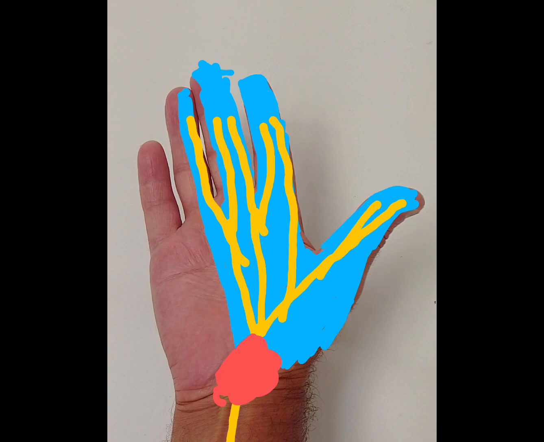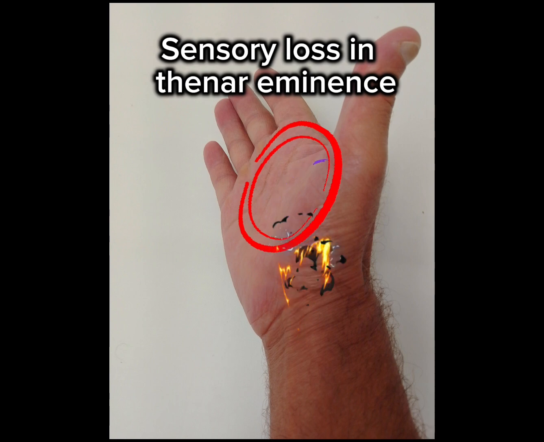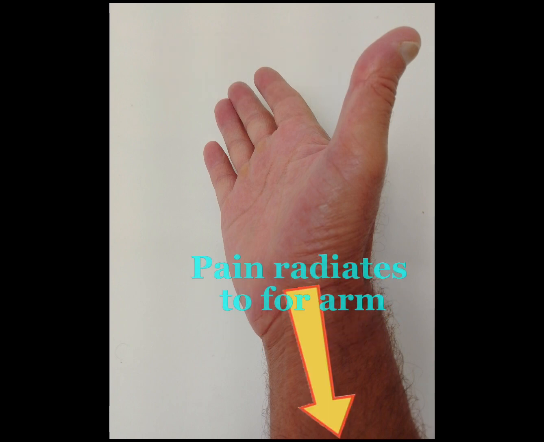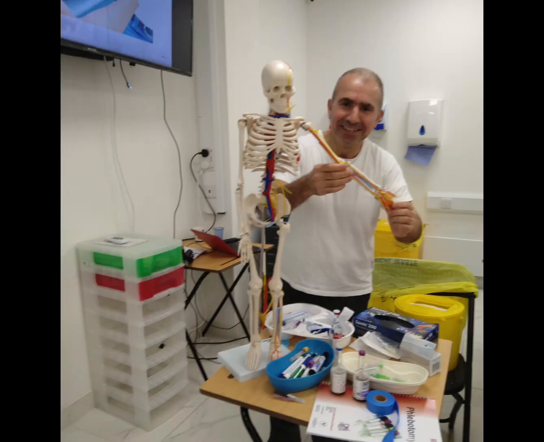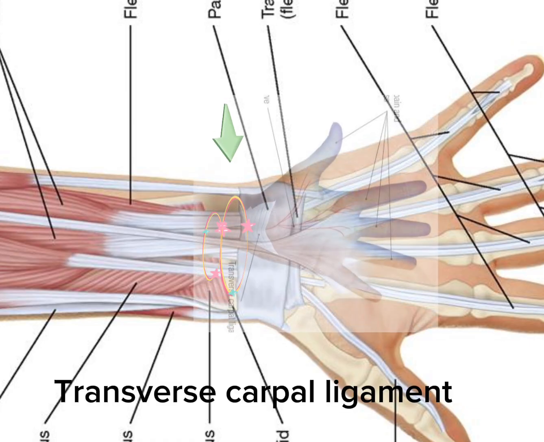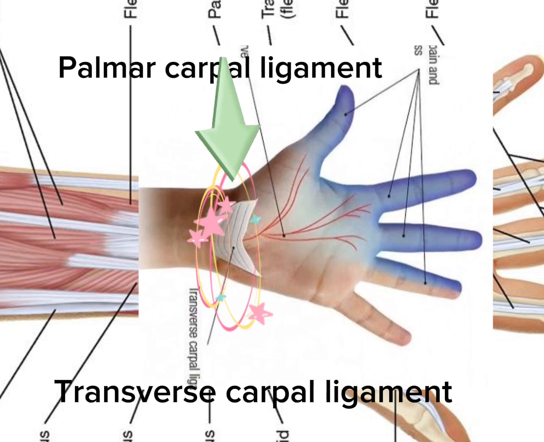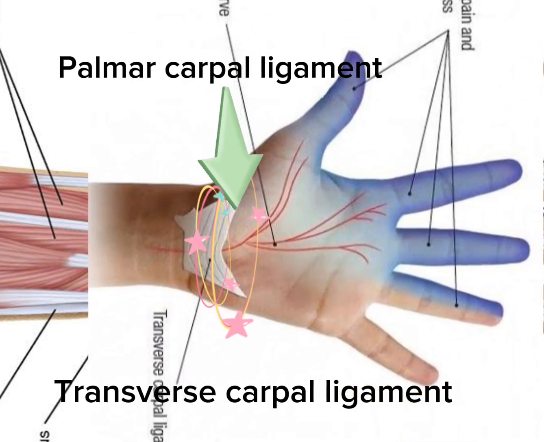Carpal tunnel syndrome symptoms can vary, with pain presenting in the wrist, the entire hand, and potentially radiating up to the forearm or beyond the elbow. Pain associated with carpal tunnel syndrome generally does not extend to the neck.